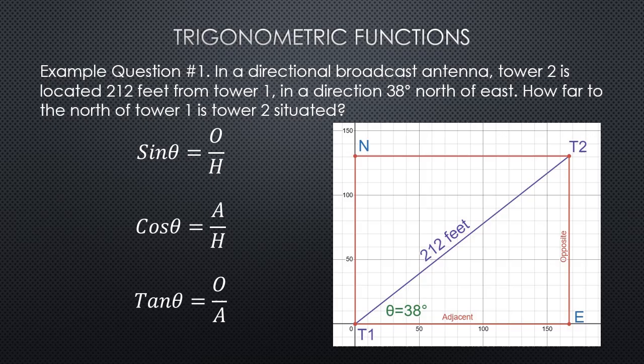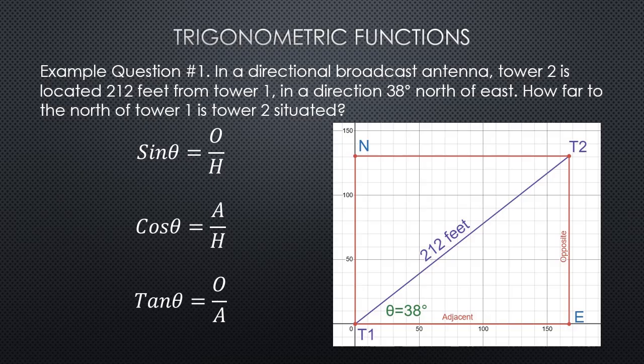We want to figure out what the question is asking for. So the question is asking how far to the north of Tower 1 is Tower 2. So we can see from our drawing, we want to go north from Tower 1, and we would want the opposite.